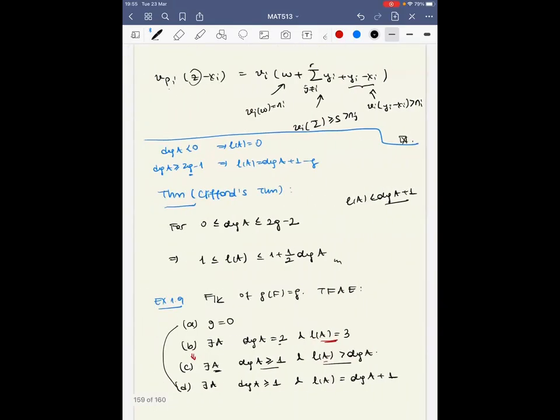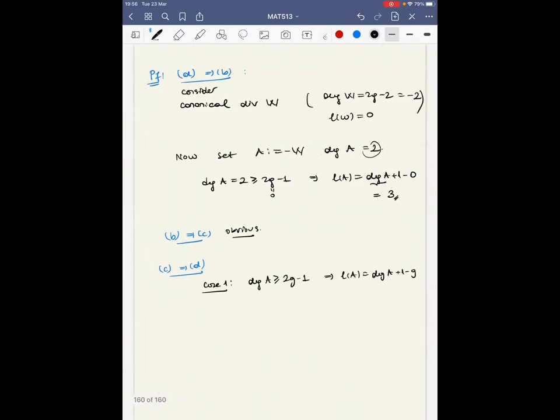And by the assumption, degree A is bigger than or equal to 1, and L of A is bigger than or equal to degree A. This shows us indeed that the genus is strictly less than 1.